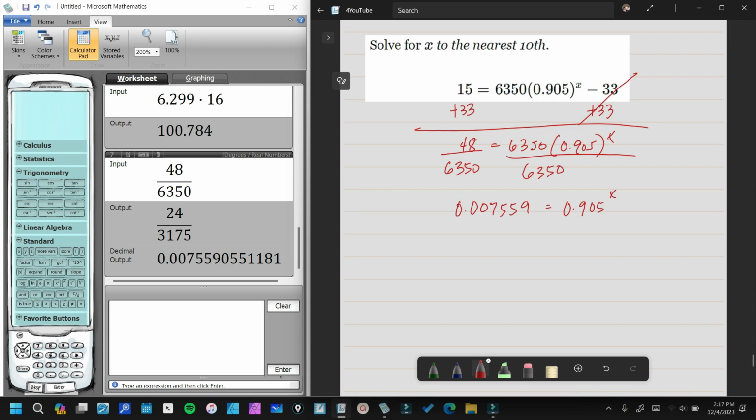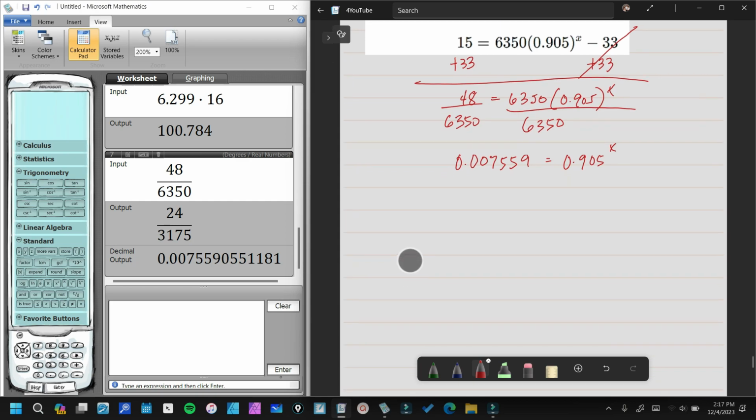0.905 raised to x. So again, using the properties of logarithm, we can express this equation as logarithm 0.007559 equals logarithm 0.905 raised to x. And of course, we will move the x there.